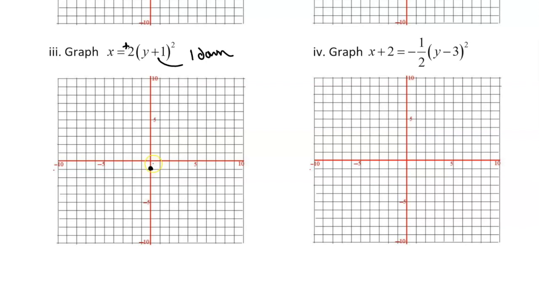So if you went over 1, up 1, we're going to now have to go over 2 to compensate for that. So from your vertex, if I went over 2, I could now go up 1 unit. And if normally your next move would be to go over 4, we now have to go all the way over 8.